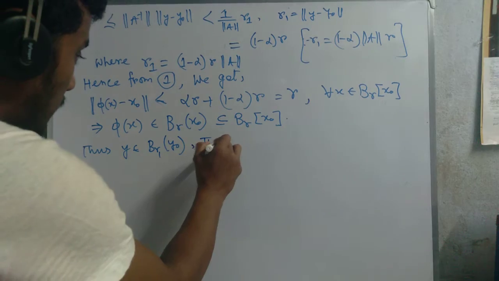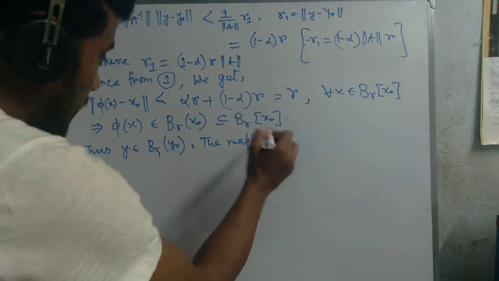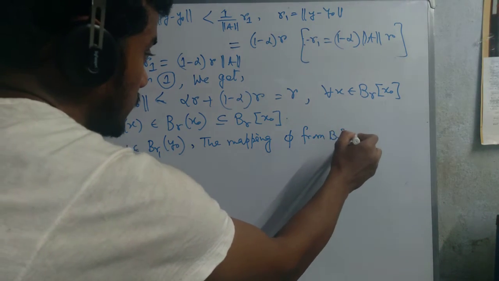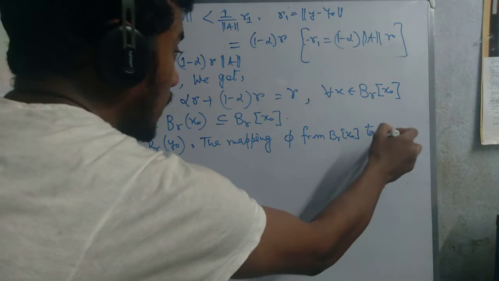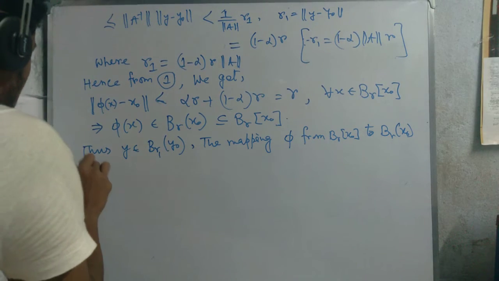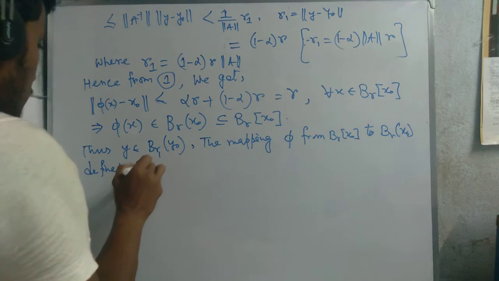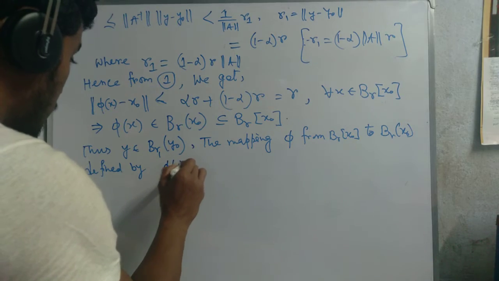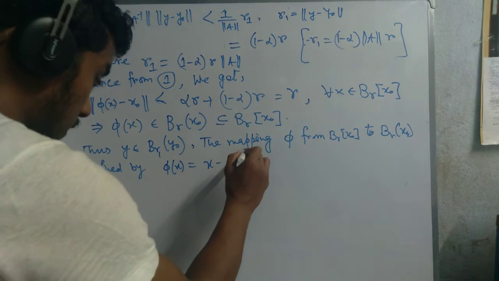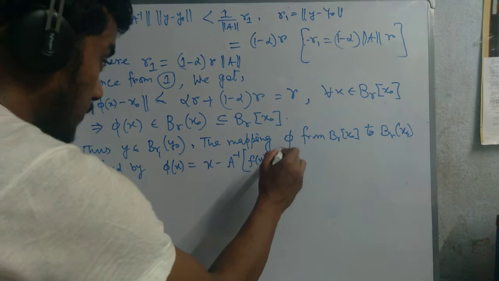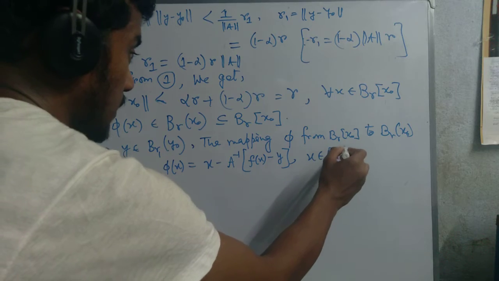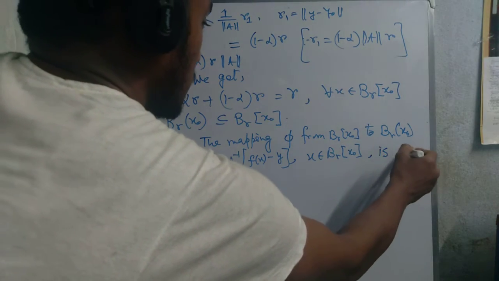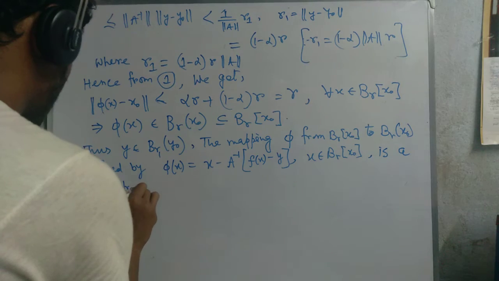Then the mapping phi from closed B_r(x0) to open B_r(x0), defined by phi(x) equals x minus A inverse of f(x) minus y, x belongs to B_r(x0), is a contraction.